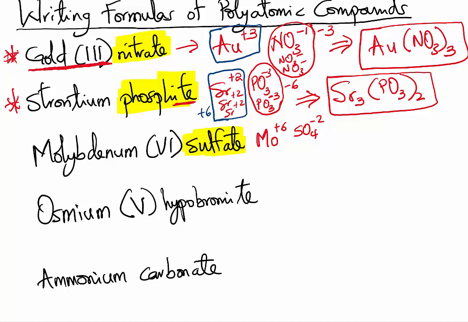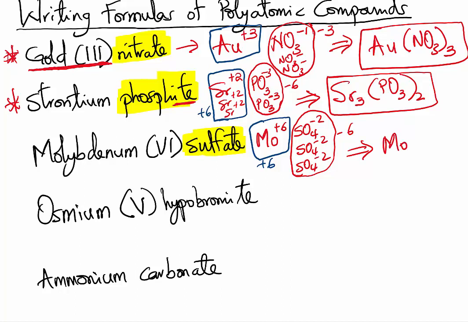To balance out the positive and the negative charges, I will need to have 2 more sulfates so that the total negative will be -6 and it will balance out the total positive, which is already +6. So the formula of molybdenum 6 sulfate will be Mo(SO4)3. Again, be mindful of the parentheses.